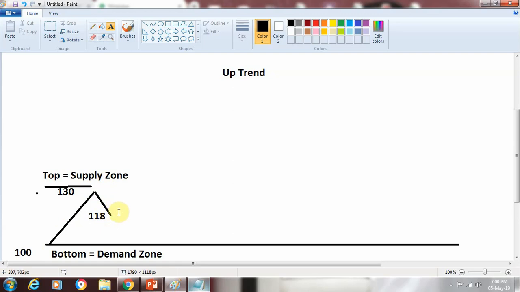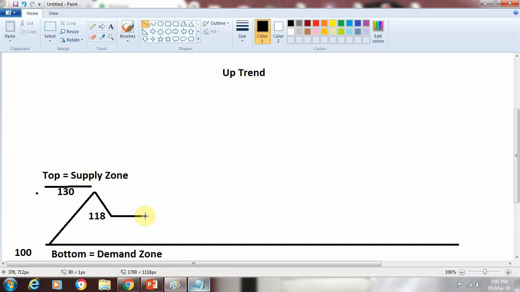They have already made 30 rupees in this, and if they enter at 118, they have still made 12 rupees in this stock till date. So now they can risk at least 12 rupees and see if it rises from here, which adds to more demand for this stock at the 118 level.